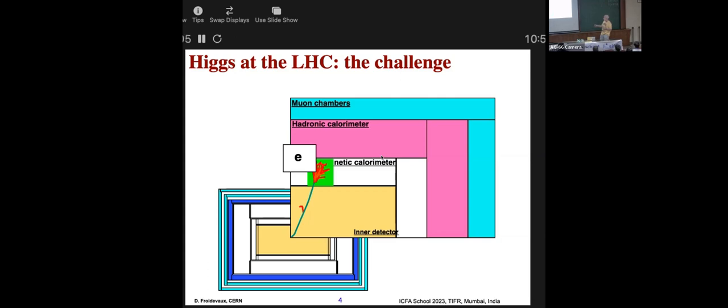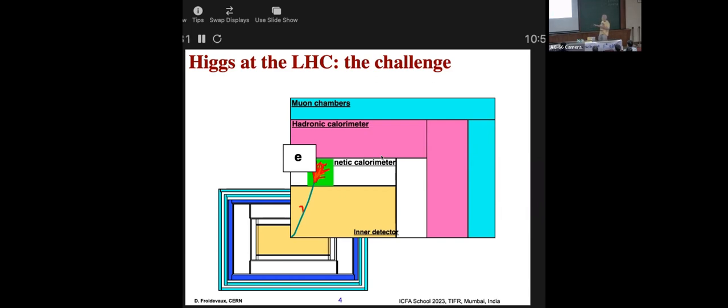But then the electron has an electromagnetic interaction, so it interacts quickly, and it produces a small, in space, amount of energy. It releases all its energy in the electromagnetic calorimeter, essentially, and only a little bit in the hadronic calorimeter behind. That's why they're called electromagnetic and hadronic calorimeters.